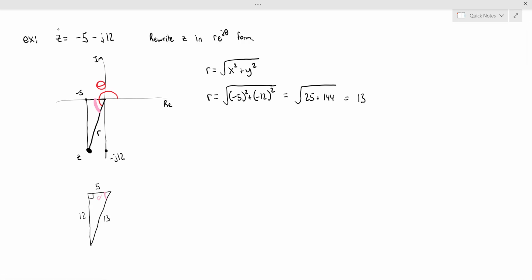I'll call it alpha. We know from trigonometry that the tangent of the angle alpha should be equal to the opposite over the adjacent. Therefore, we can solve for alpha as the inverse tangent of 12 over 5, which, using a calculator and rounding to 2 decimal places, turns out to be about 67.38 degrees.